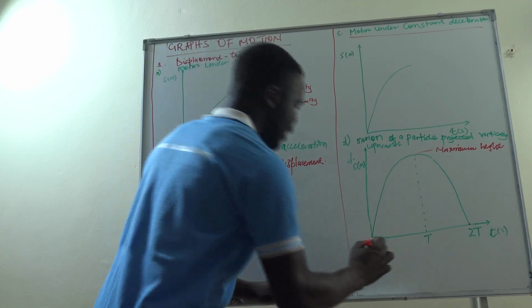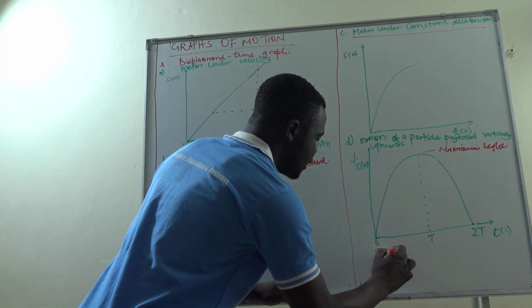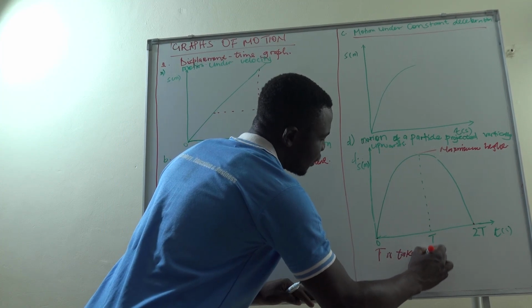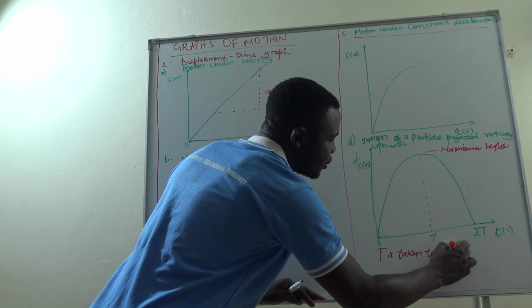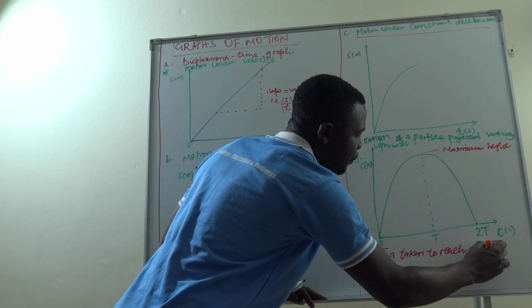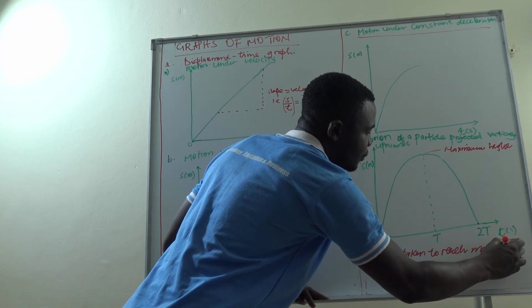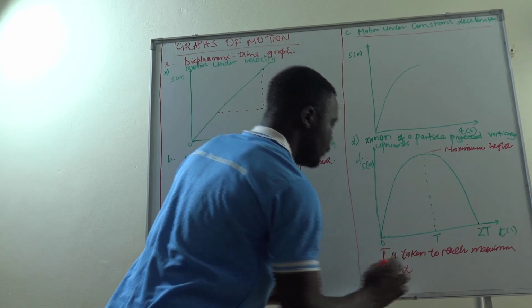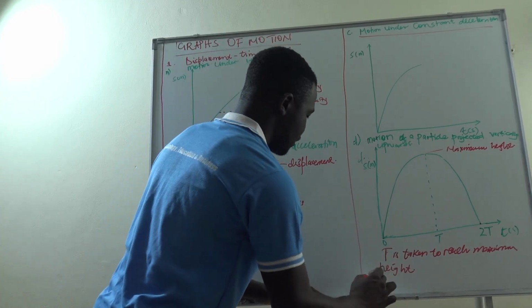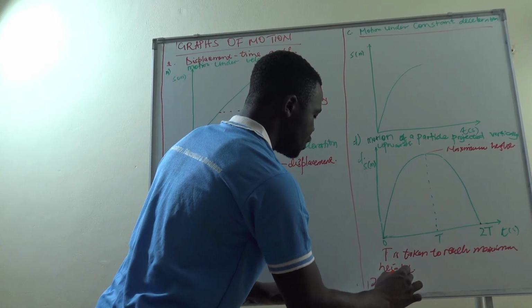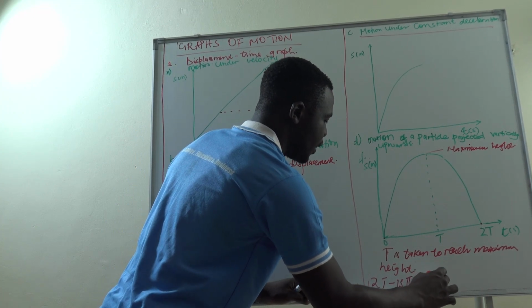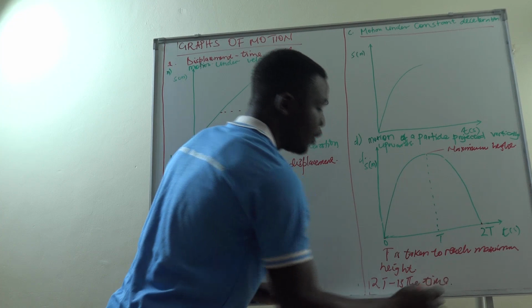We see that t is the time taken to reach maximum height, and 2t is called the time of flight.